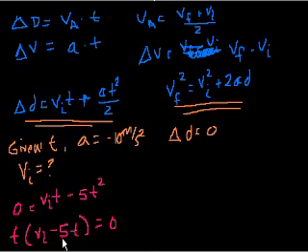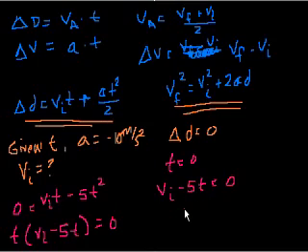And if I were to solve it, assuming that vi is some positive number, I know that there's 2 times where this equation is true, right? Either t equals 0, or this term equals 0. vi minus 5t is equal to 0.